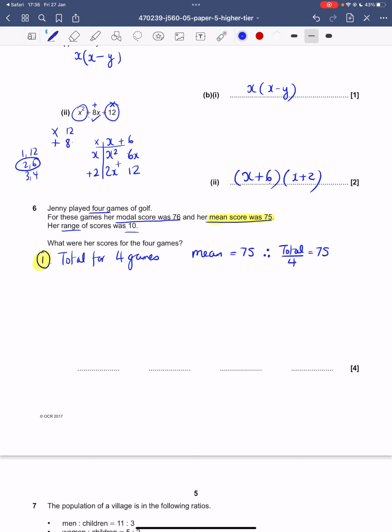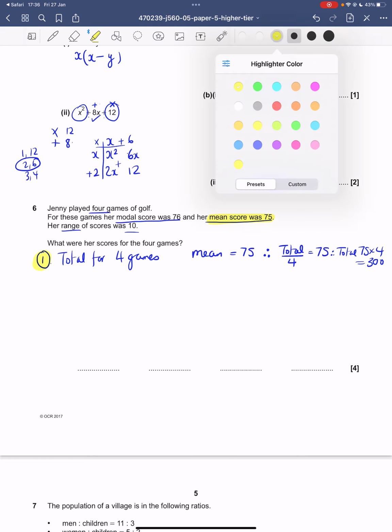So the total is 75 times 4, which is 300. So that's the first bit of information, get the total.